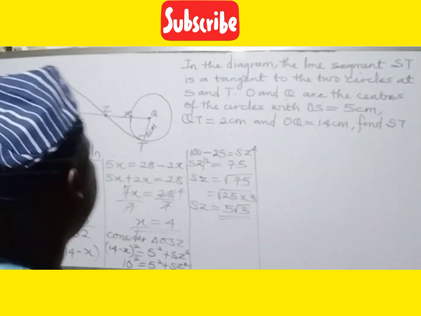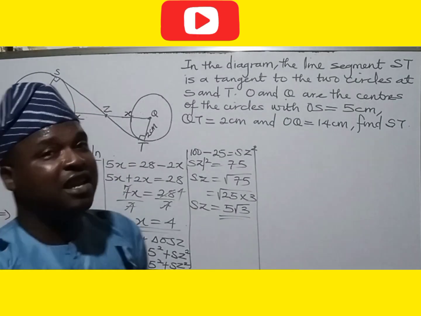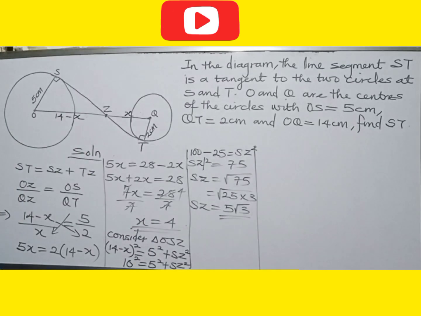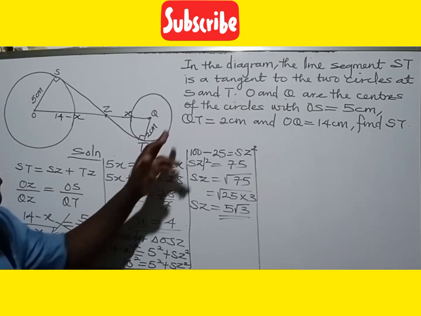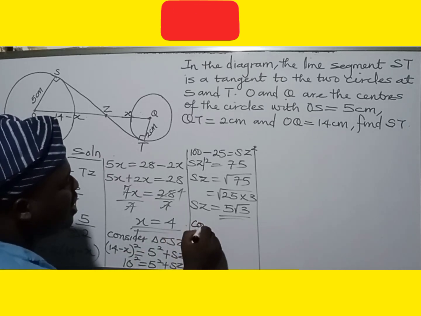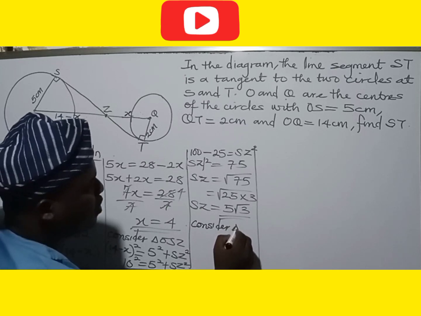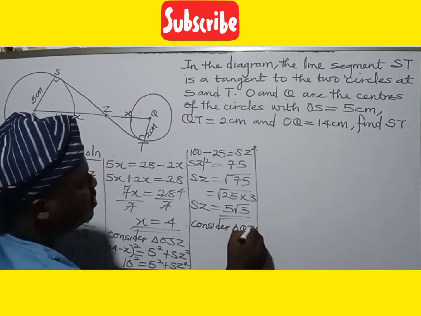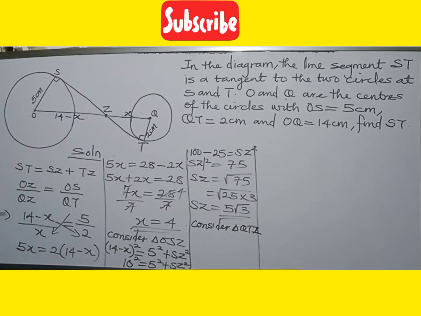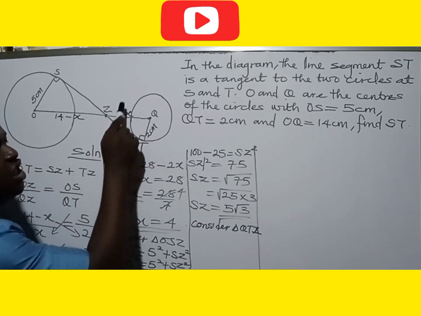We need to find TZ. For us to find TZ, we are going to consider the right angle triangle QTZ. If I consider triangle QTZ, my hypotenuse will be ZQ, which is equivalent to x.